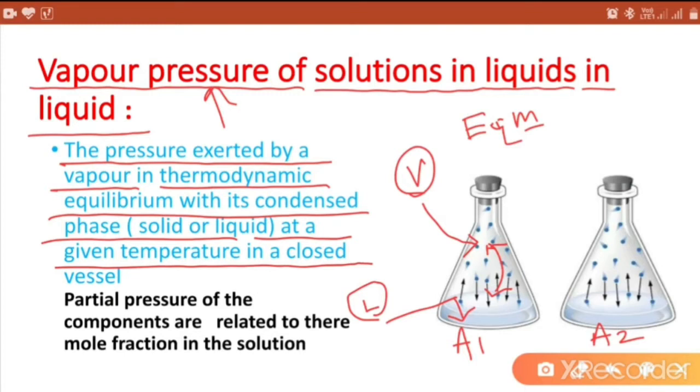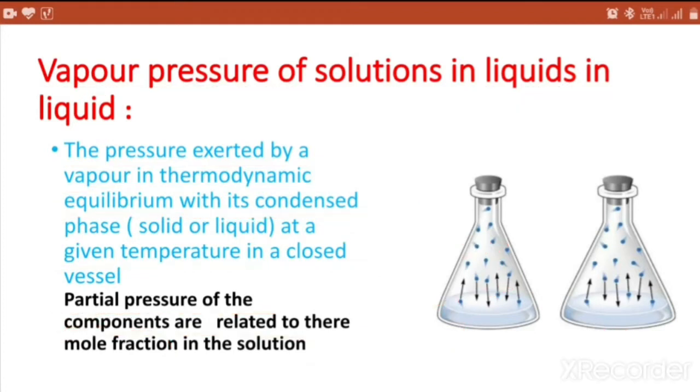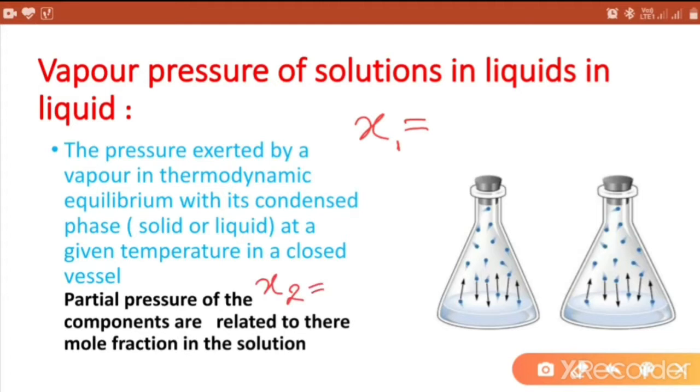And both the components are present in the vapor phase, and the partial vapor pressures of the components are related to their mole fraction. The mole fraction value is represented by X. For solvent, it is represented as X1, and for solute it is represented as X2.